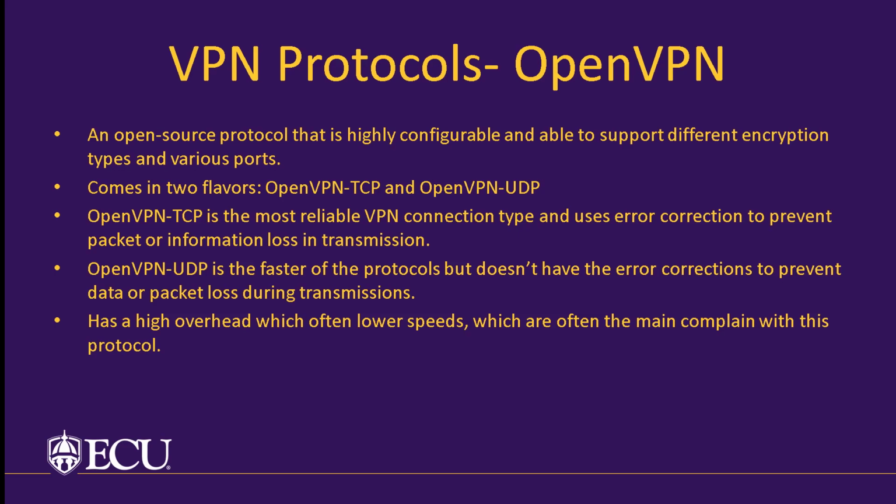And the next one is OpenVPN UDP. This is the faster of the two protocols because it doesn't have the error correction that TCP has to prevent data or packet loss. So you're giving up reliability for speed.